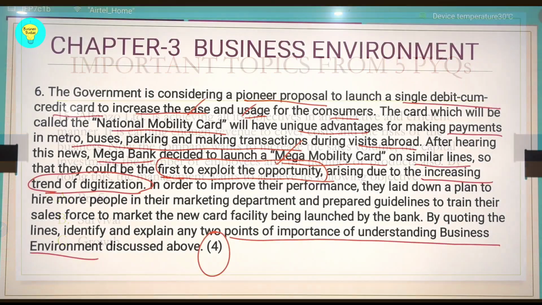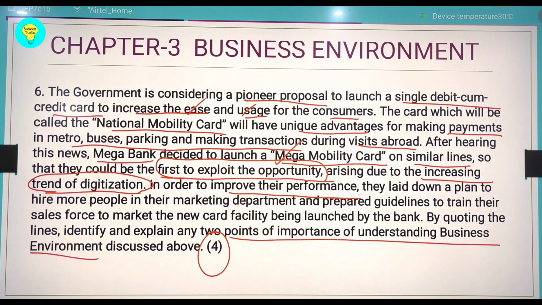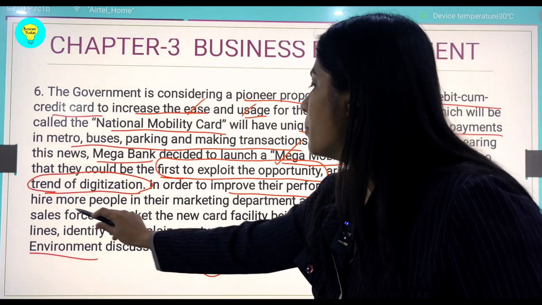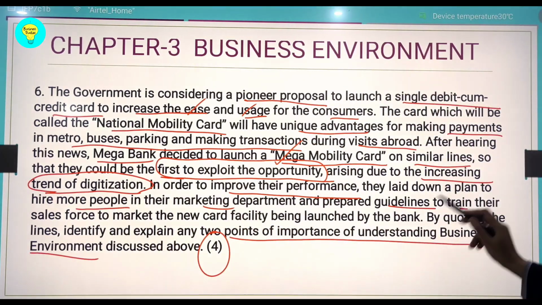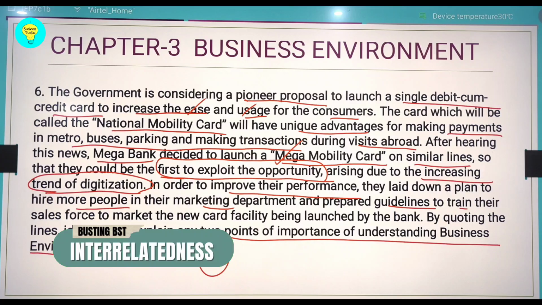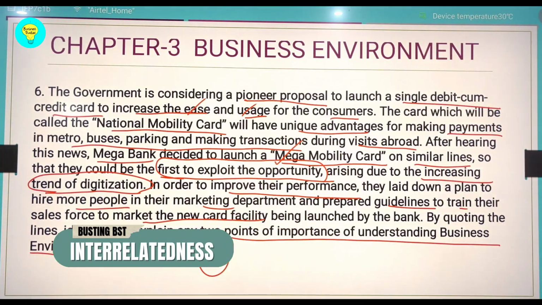In order to improve their performance, they laid a plan to hire more people in the marketing department and prepared guidelines to train their sales force to market the new card facility being launched by the bank.